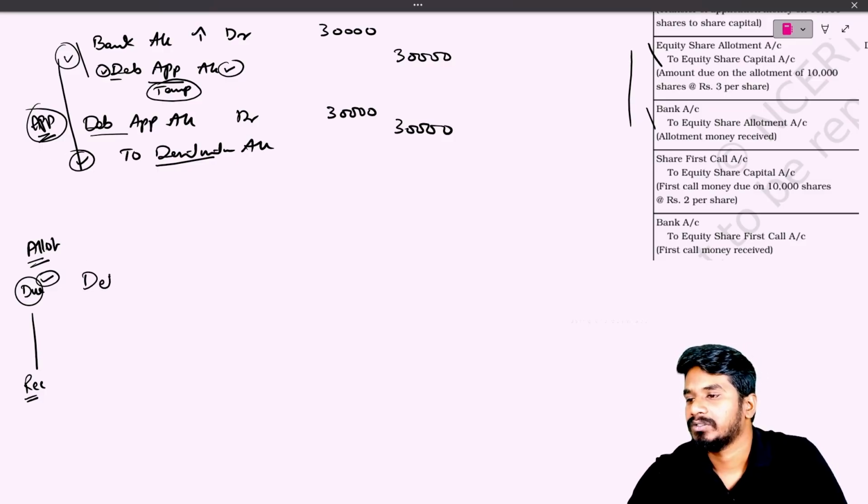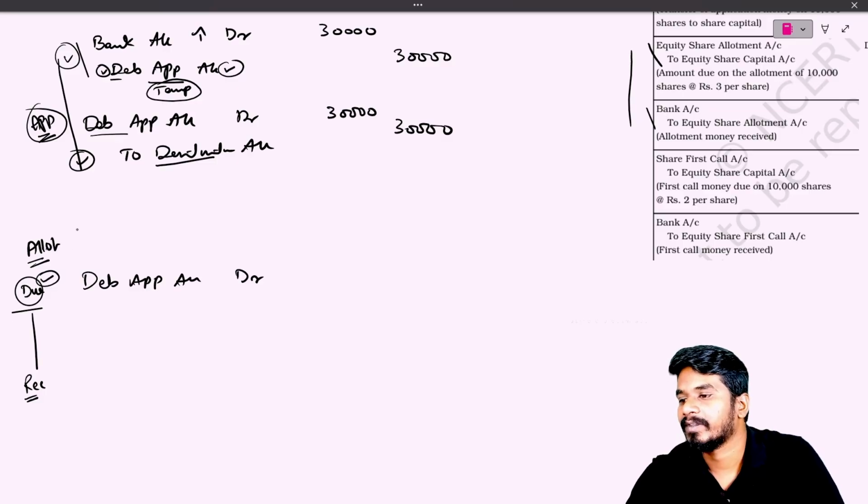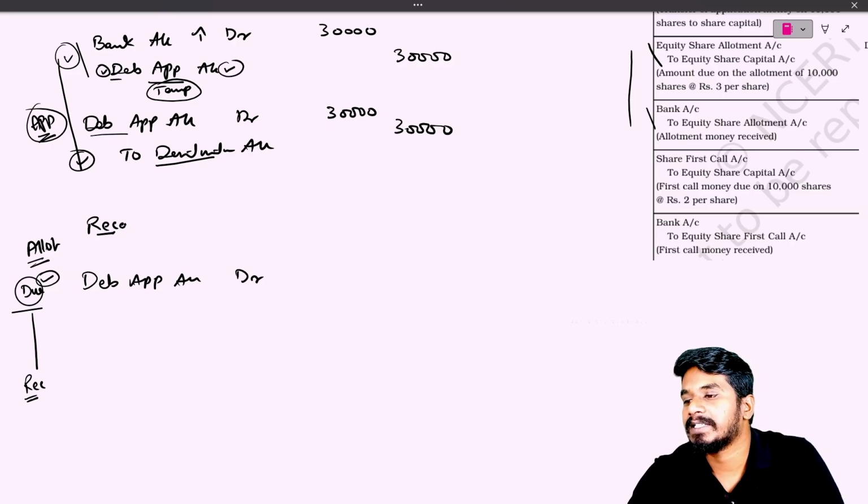Debenture allotment account will get debited. Why is it getting debited? We are making it due, which means we need to receive from the debenture holders, so it is a receivable. Receivable is an asset for us.